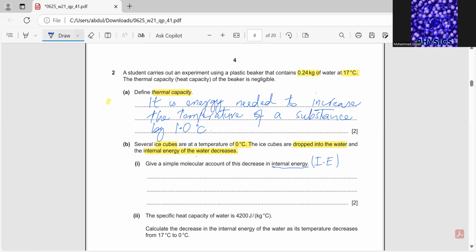In the exam, you are supposed to write internal energy completely, but here I'm just writing I.E. What is internal energy? Internal energy is randomly distributed between the kinetic energy of the molecules and the potential energy of the molecules.